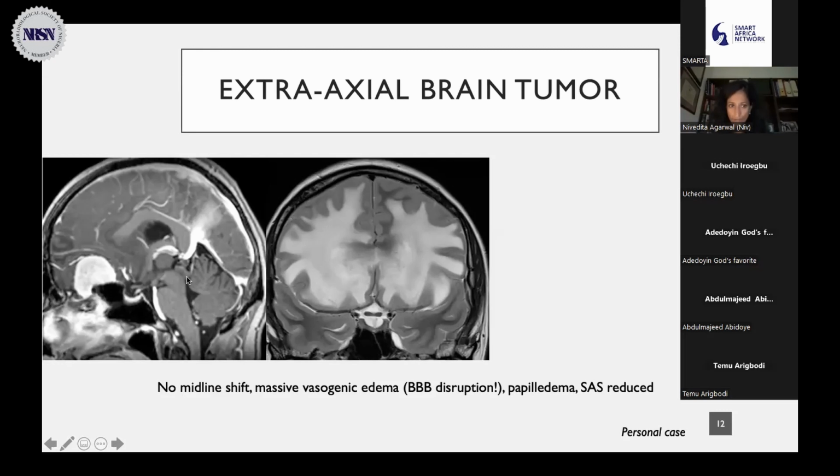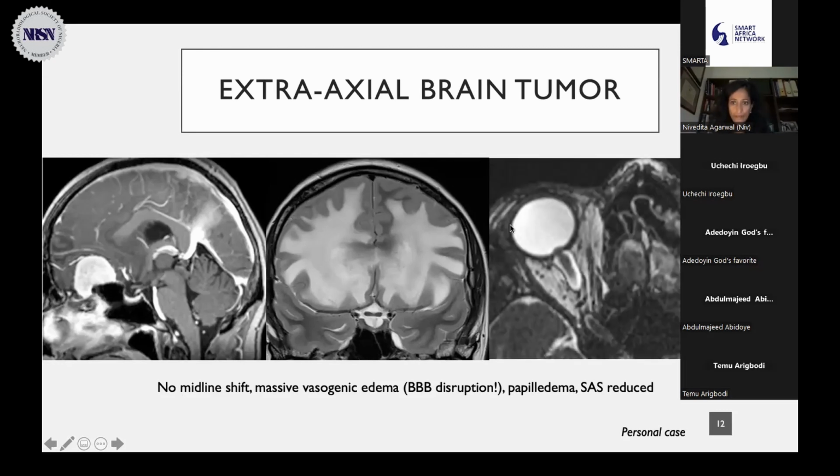What else can you see here? If you look at the eyes, the optic nerves, you will start to appreciate, with some of the things that I've just discussed, that there is an increase in the CSF spaces. The subarachnoid space right here is increased.